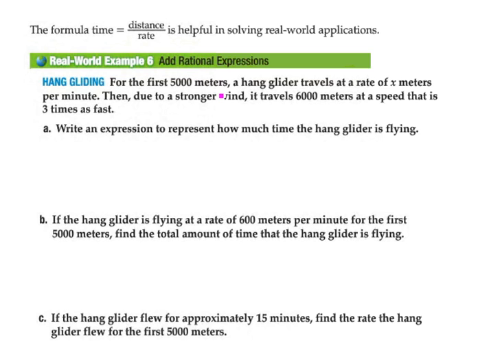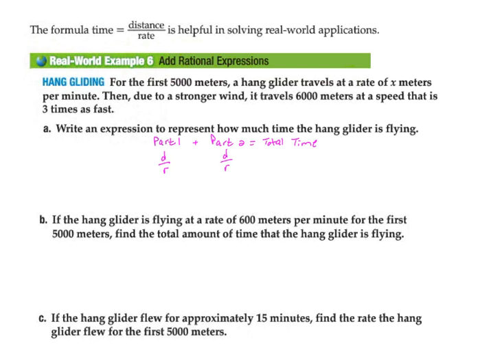Well, we have 2 parts of our little trip. So if we add part 1 plus part 2, that's going to give us our expression of how much time equals total time. Okay? So total time is distance over rate. So we want the distance over rate of part 1, and the distance over rate of part 2.